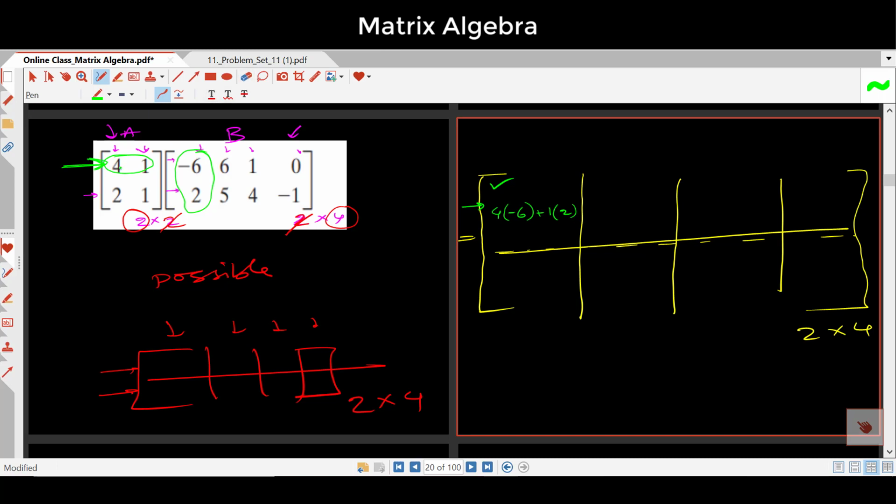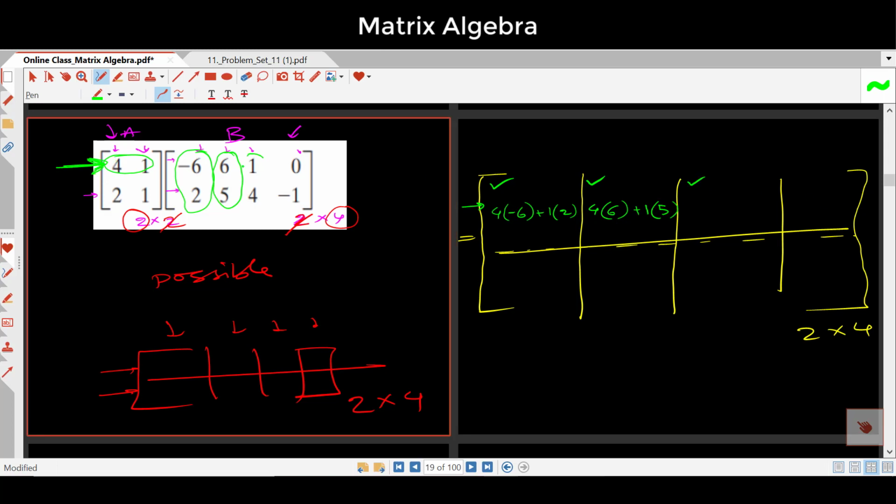Now here, first row of A, second column of B: 4 times 6 plus 1 times 5. Now what will be here?